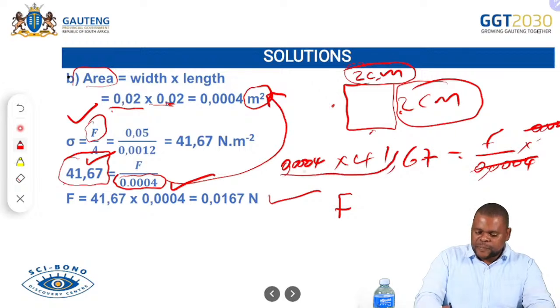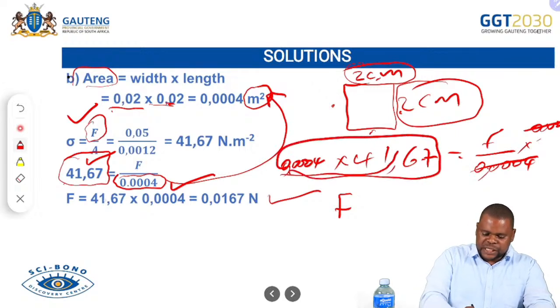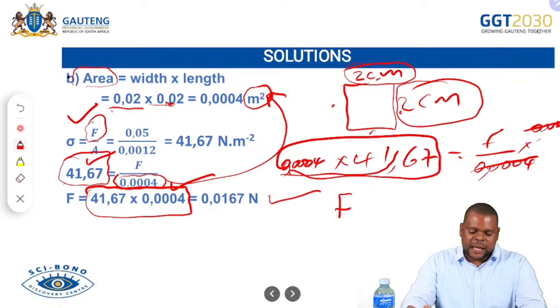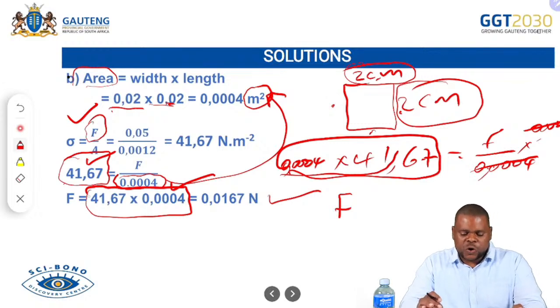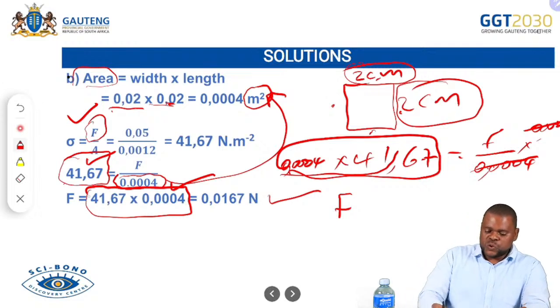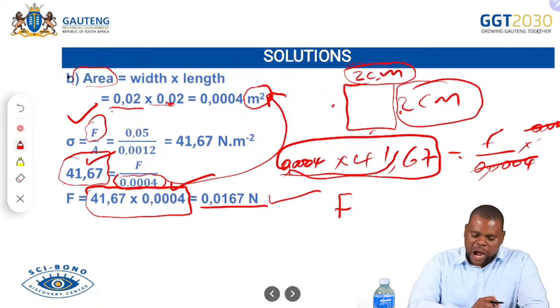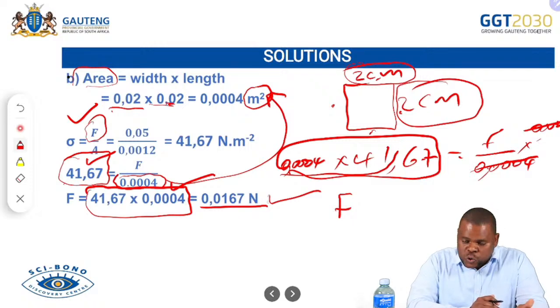And then what you see here is this here. Can you see? 41.67 multiplied by 0.0004 is going to be equal to, when we multiply 41.67 times 0.0004, it gives us what? 0.0167 Newton.